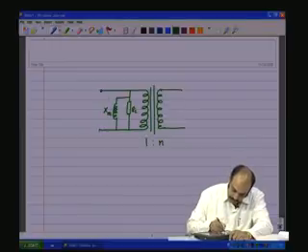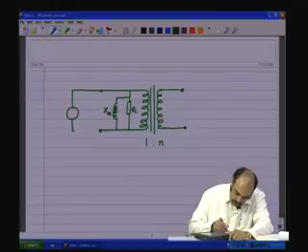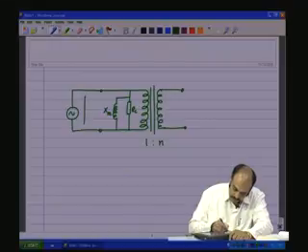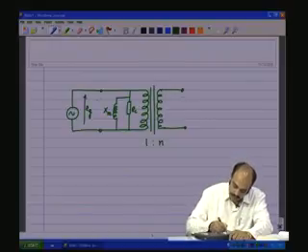So, to the primary we connect an AC source EG, and the induced EMF is E1.